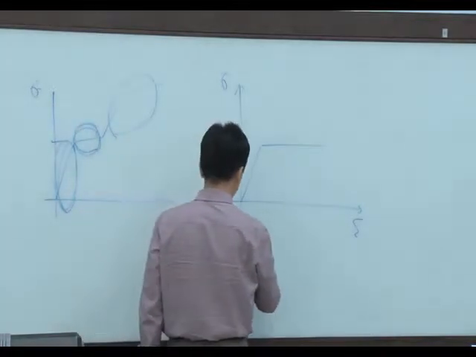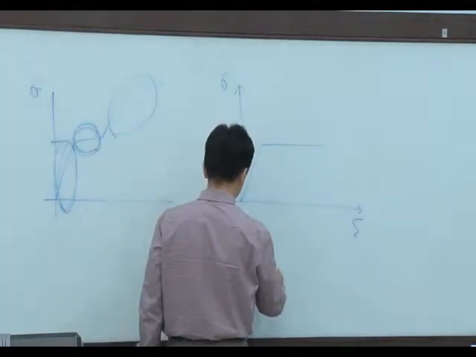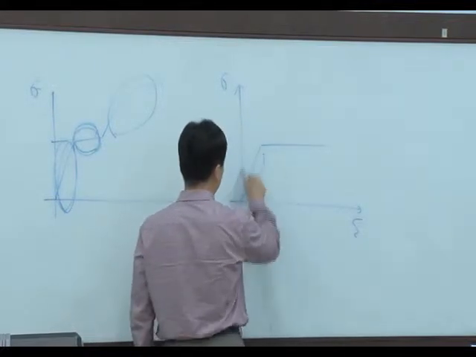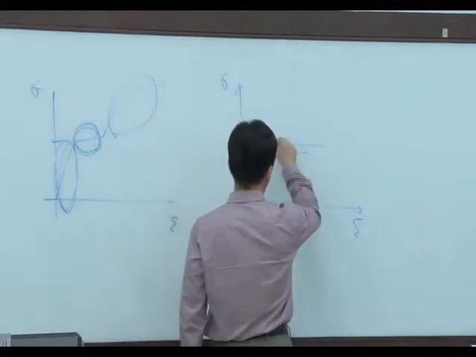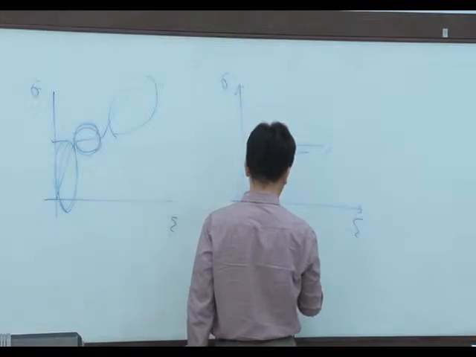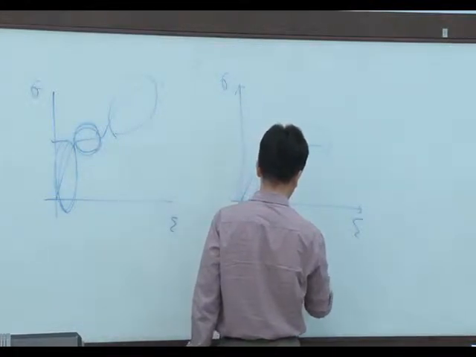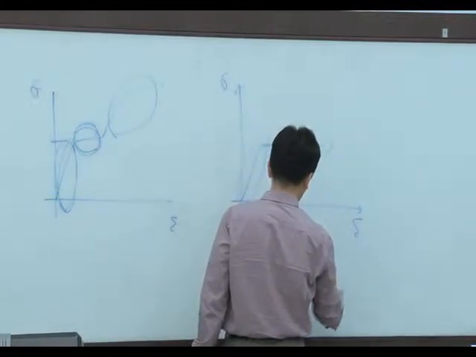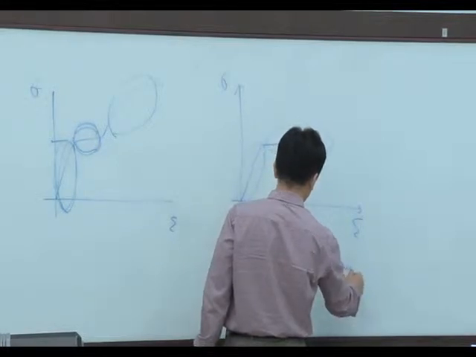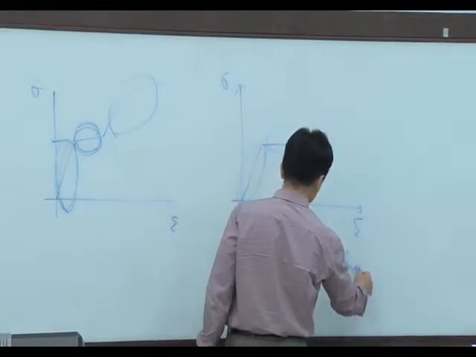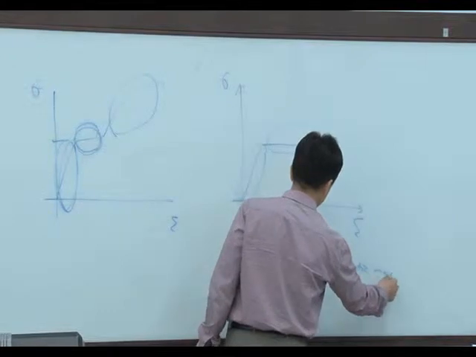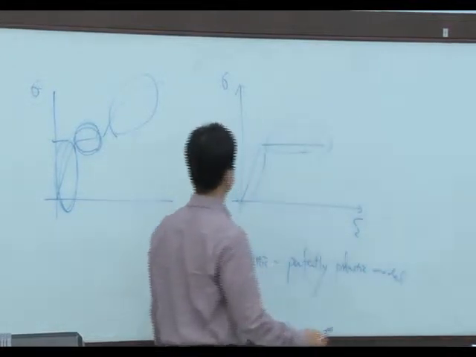So, elastic means this area is elastic and this area is perfectly plastic. Plastic model, right?